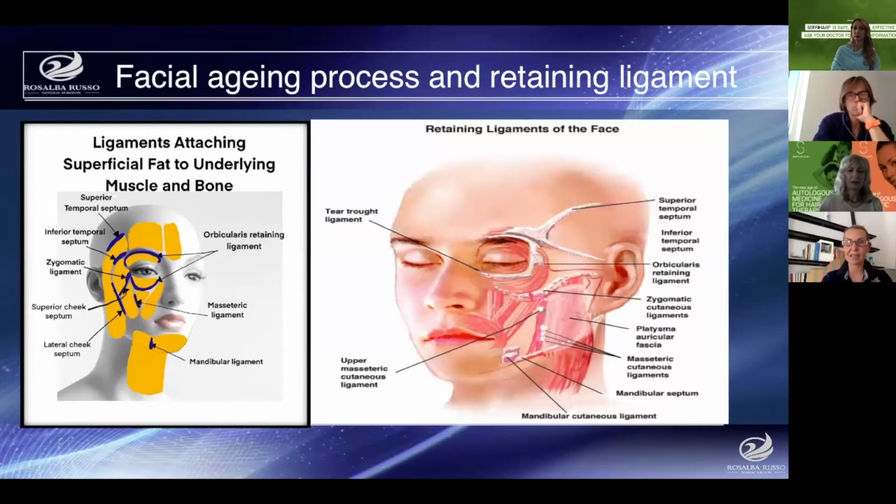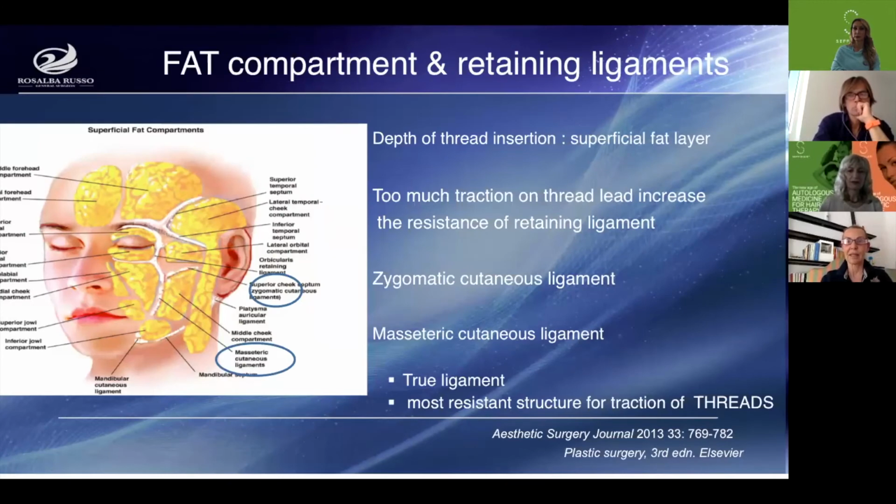And you can see here the deep threads insertion: when you insert the threads, you have to insert them in a superficial compartment, and you have to give traction to the zygomatic cutaneous ligament and the masseteric cutaneous ligament, because they are very strong and you can have a good tightening effect.